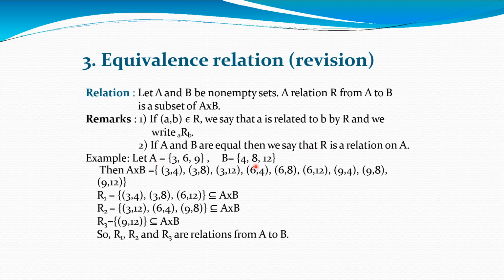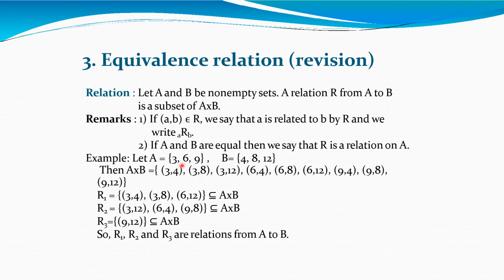Now see this example. Suppose A is equal to {3, 6, 9} and B is equal to {4, 8, 12}. Now what is A cross B? Here we have to form all the pairs by taking the first element from A and the second element from B. First of all we fix the first element of the pair as 3.